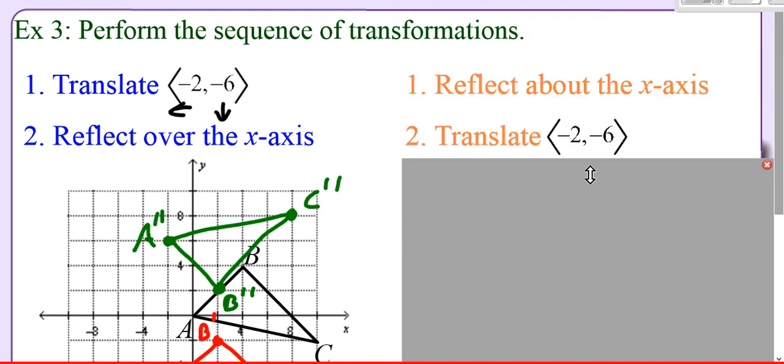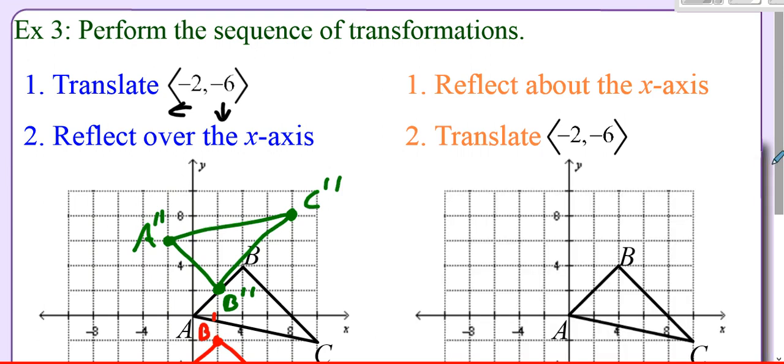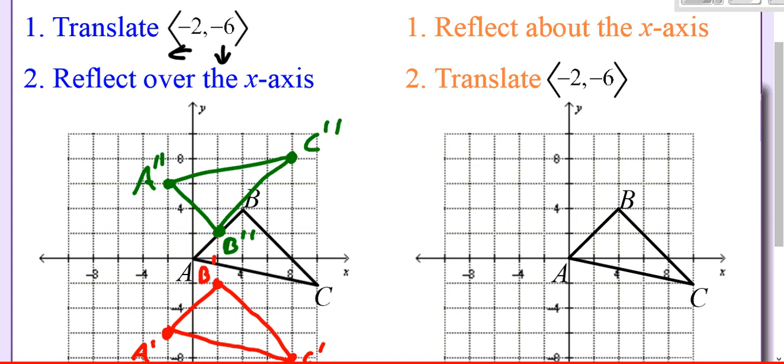So now we're going to do the same thing, but we're going to do opposite order. We're going to reflect first, and then we'll translate it. So if we reflect first, A is going to stay put because it's on the line.